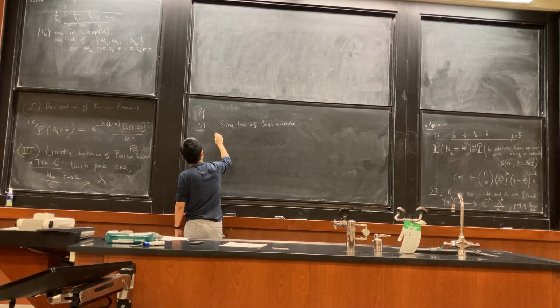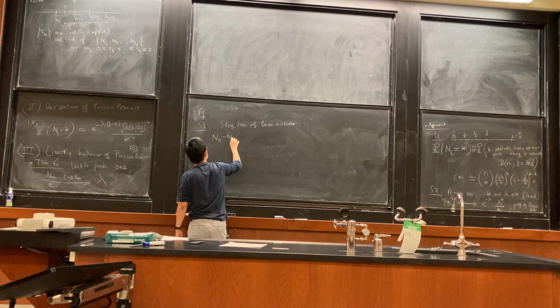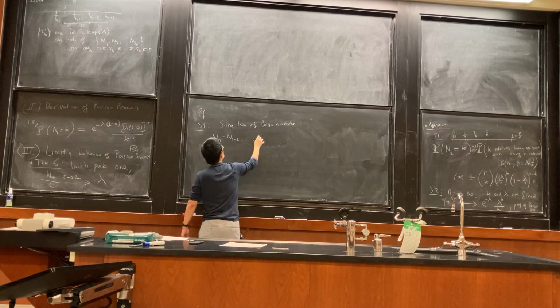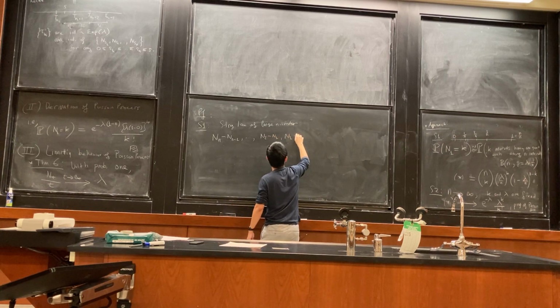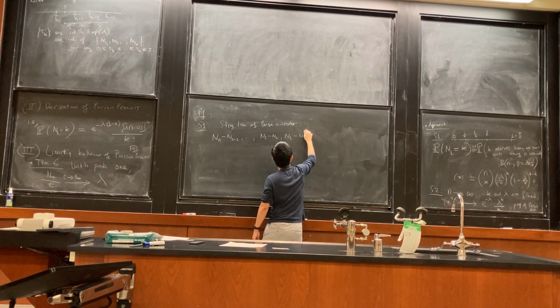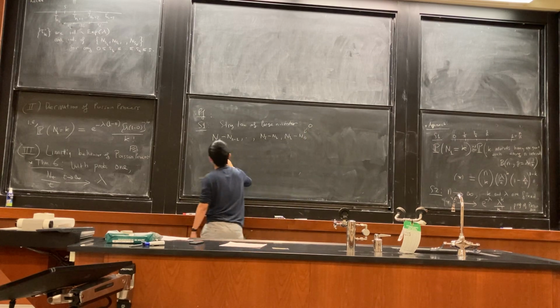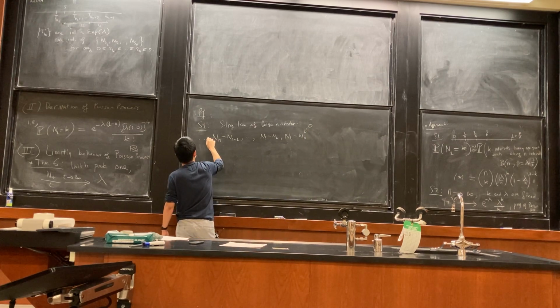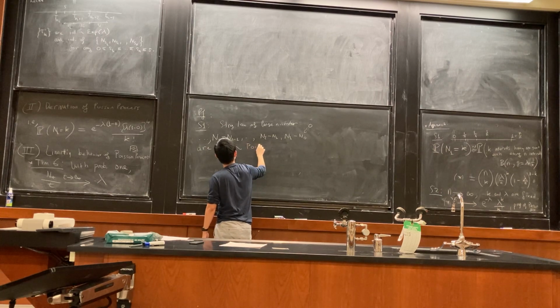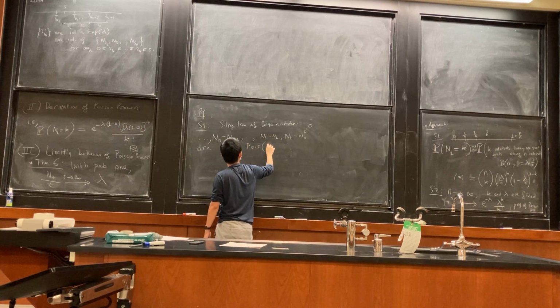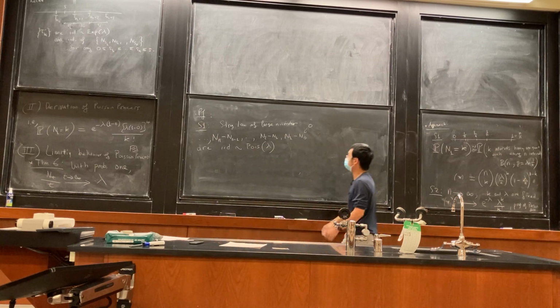Observe that I have N_n minus N_{n-1}, N_2 minus N_1, and N_1 minus N_0, which is just 0. This collection here are i.i.d., distributed as a Poisson distribution with rate lambda.